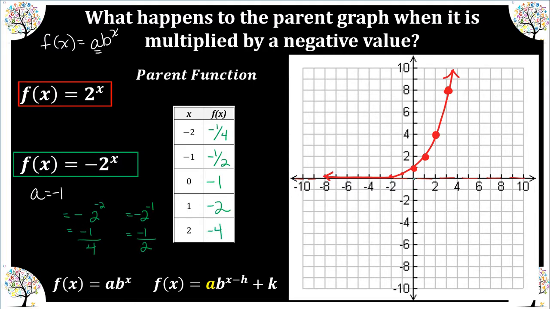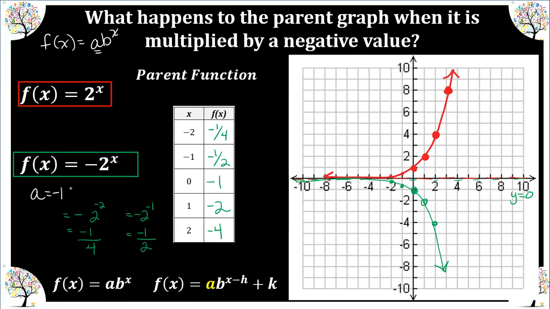Now we're going to plot these. I have -2, -1/4, -1, -1/2, 0, -1, 1, -2, and 2, -4. Our asymptote, y equals 0, remained the same, but our graph reflected across the x-axis, y equals 0. This is a vertical reflection.